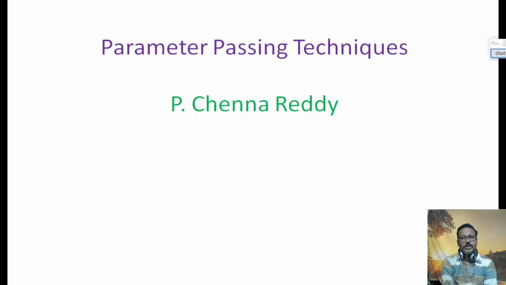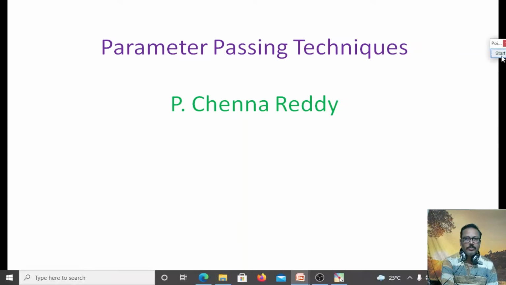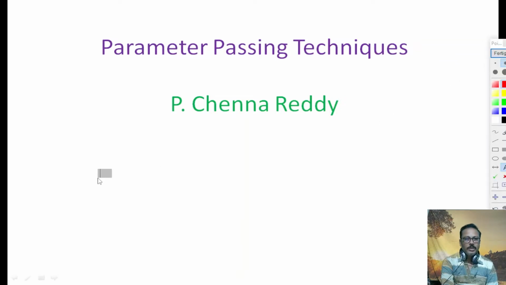We also discussed that we can pass parameters to the function, and we can avoid the parameters also. Suppose there is a function, and the name of the function itself is function.